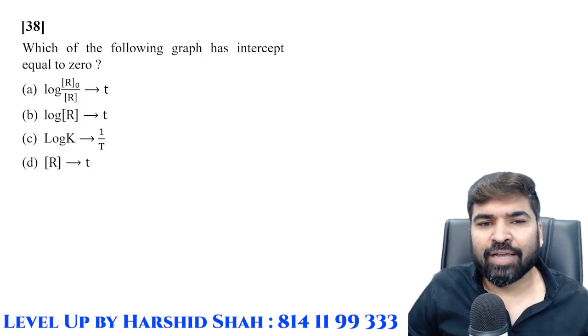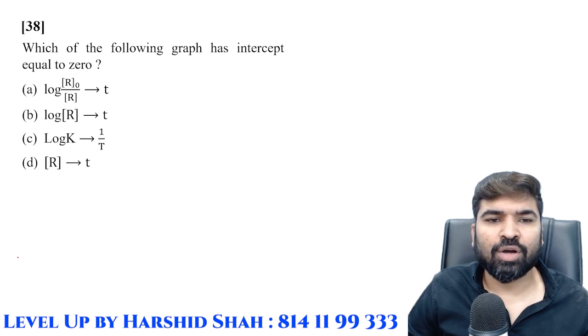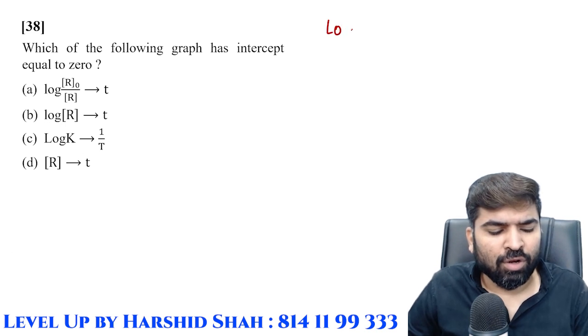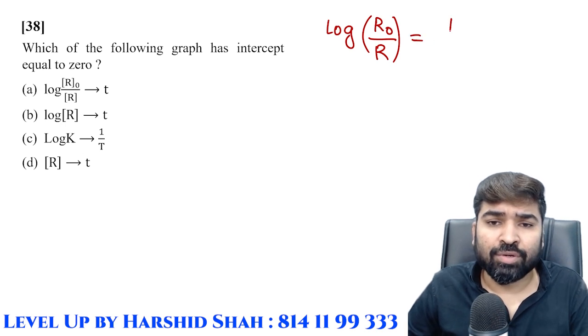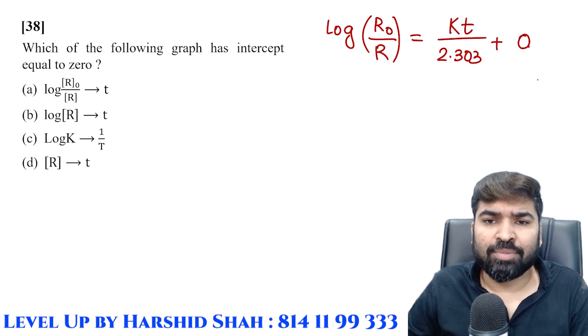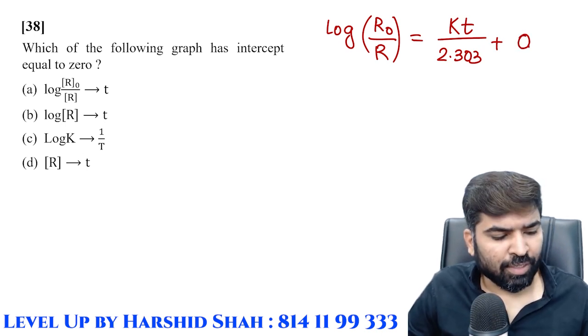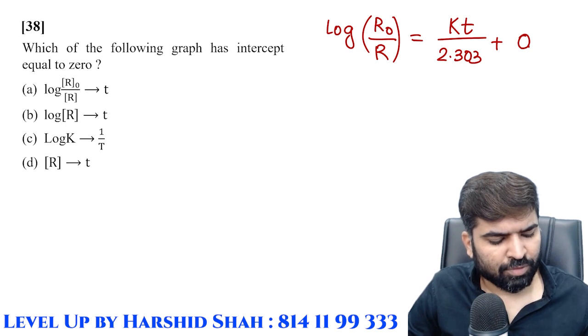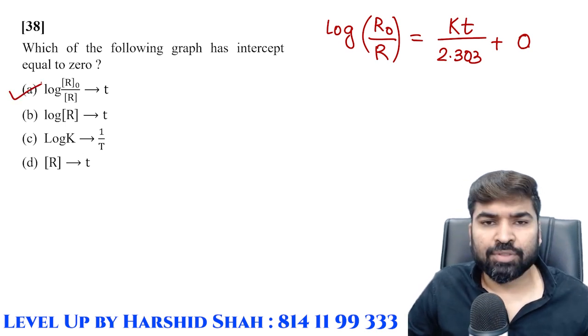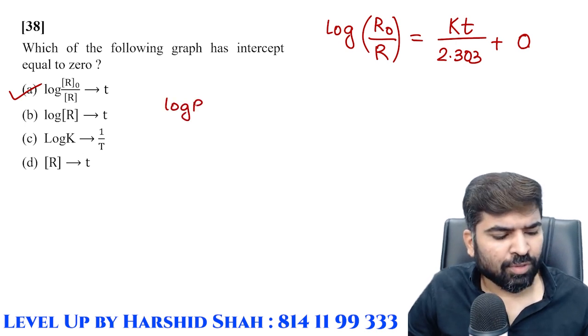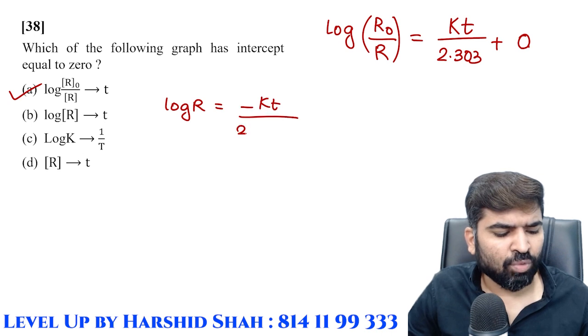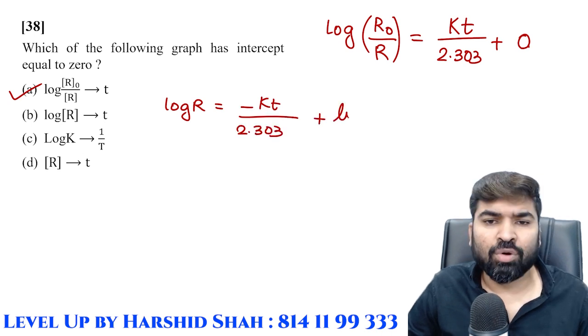Which of the following graphs has intercept equal to 0? Log R0 by R, log R, log K, and R. So, first of all, log R0 by R, according to the first order equation, is equal to KT upon 2.303, and there is no intercept, plus 0. That means this is your answer. Just a second. Option A. Log R versus time t: log R is equal to minus KT upon 2.303 plus log R0.